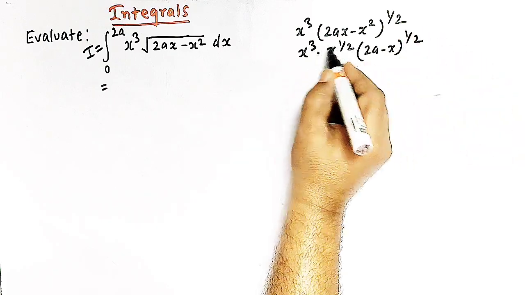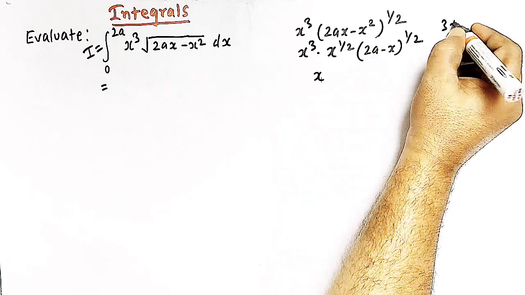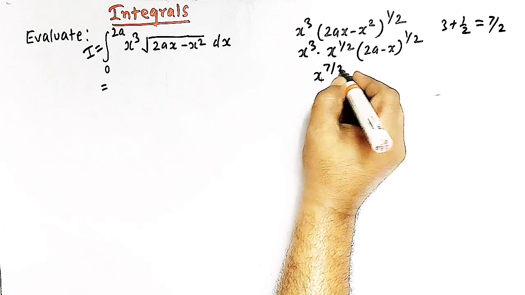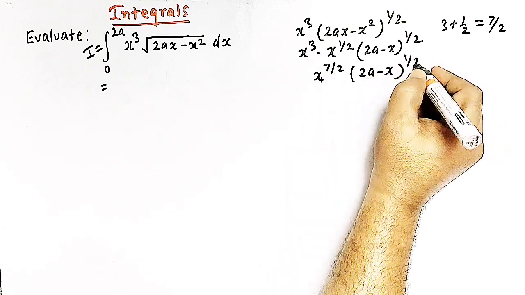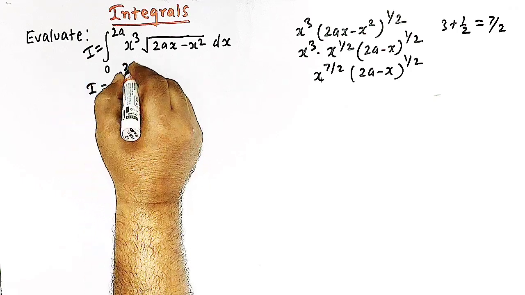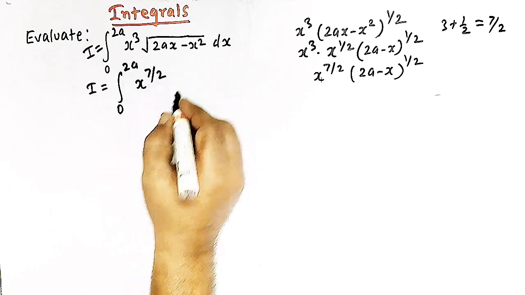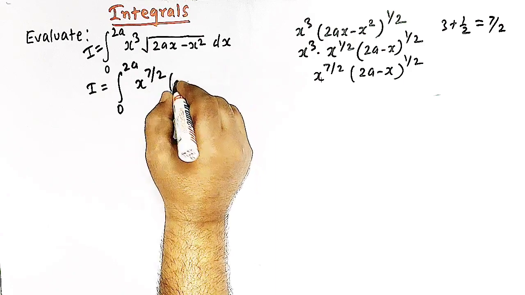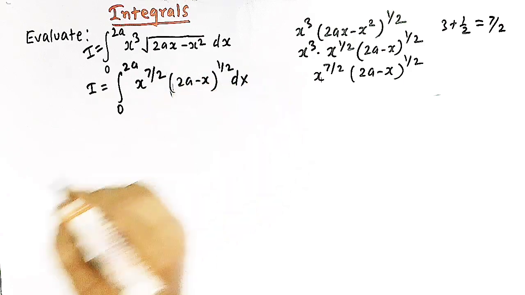So now we can add these two exponents. So we have 3 plus half, that is 7 over 2. So here we have x raised to 7 over 2 and 2a minus x raised to half. So now we can write this integral I in this form, that is the integral of x raised to 7 over 2 times 2a minus x raised to half dx, right?